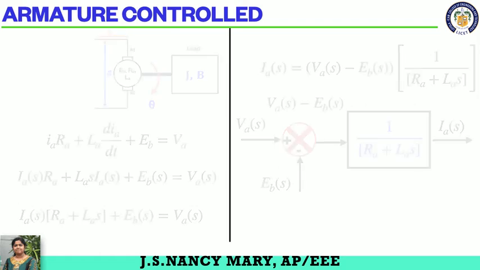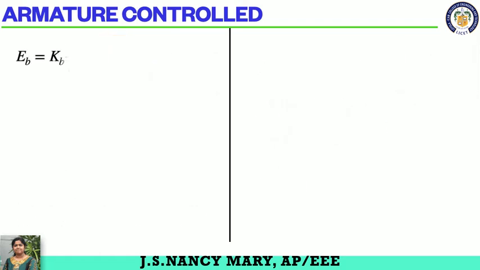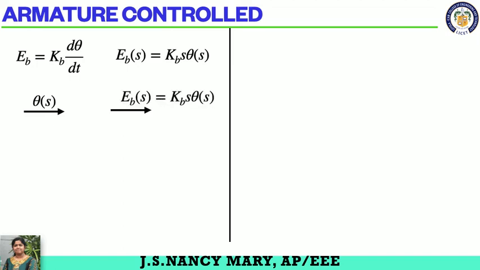Okay. Now you know very well EB is equal to KB into d theta by dt. So EB of S is equal to KB into S into theta of S. So theta of S, if it is multiplied by KB S, you will be getting EB. And then you also know that T is equal to KT into IA.